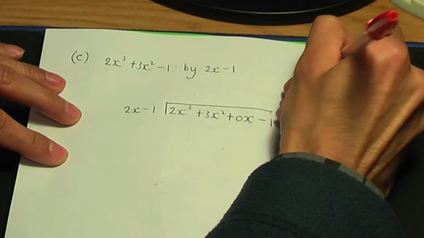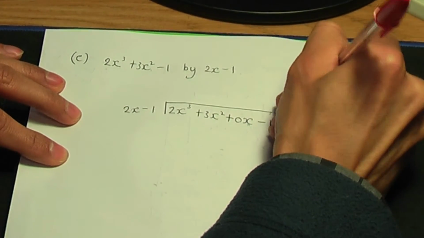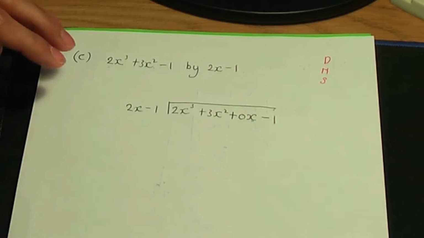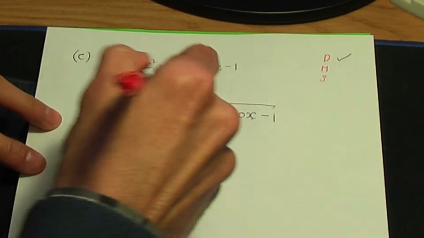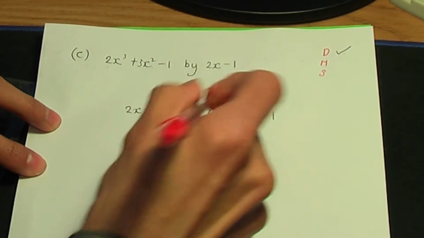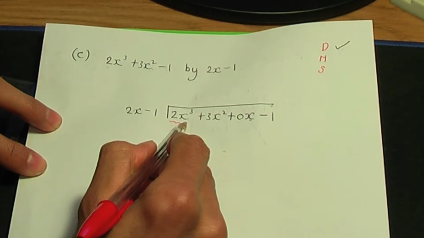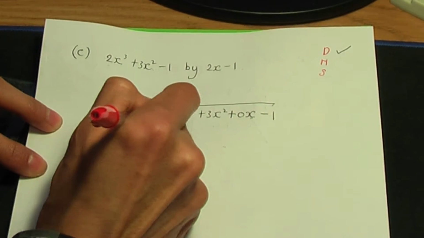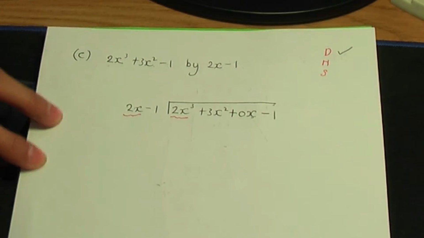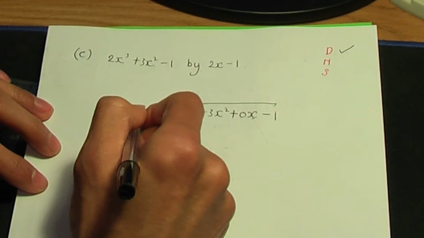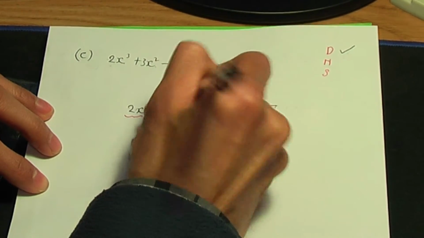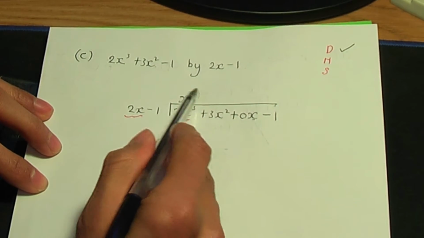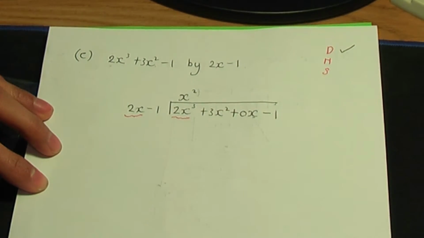So remember the order of operations, D, M, S. First let's divide. D means we need to divide the highest powered term in the dividend by the highest power term in the divisor. So 2x cubed divided by 2x is x squared. Whenever you divide, put that on the top of your bus stop.